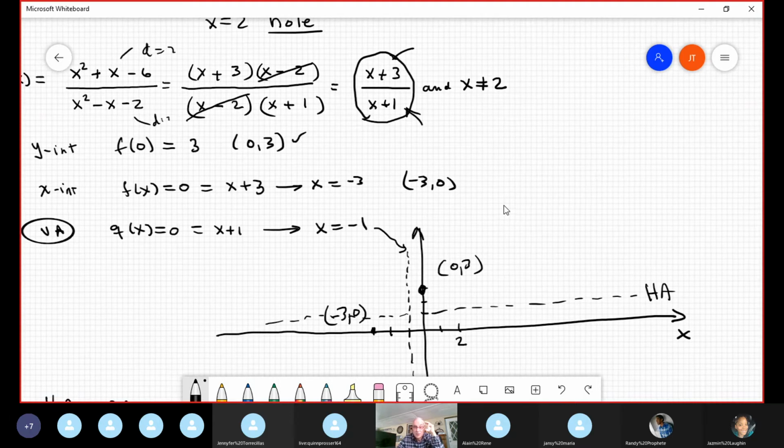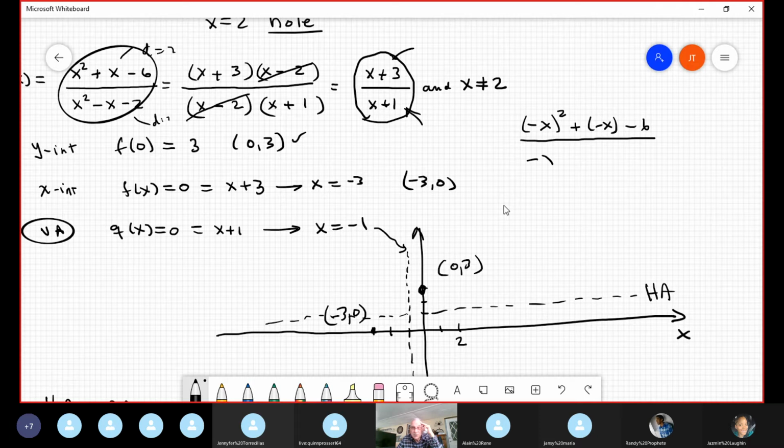Okay. Suppose that I replace here in the original. I take the original. So, the original is minus x squared plus minus x minus 6 over minus x squared minus x minus 2.